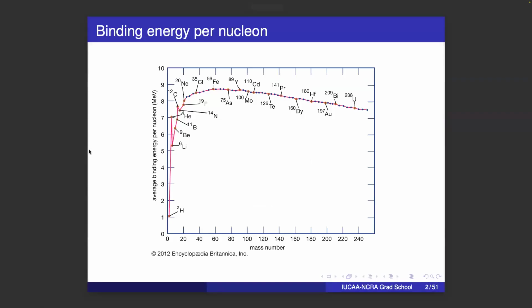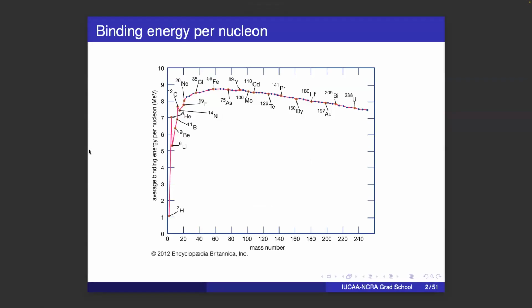I'd like to begin with something which I myself was a bit confused about, and maybe confused you also. This is regarding the binding energy per nucleon, from the last lecture. The binding energy per nucleon increases up to iron, and then it begins to decrease.